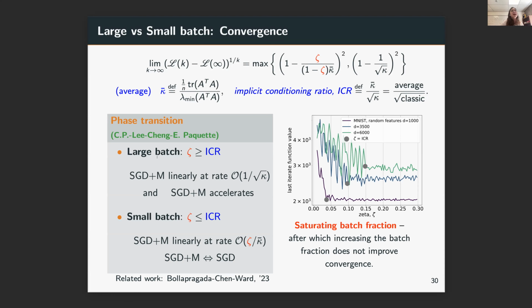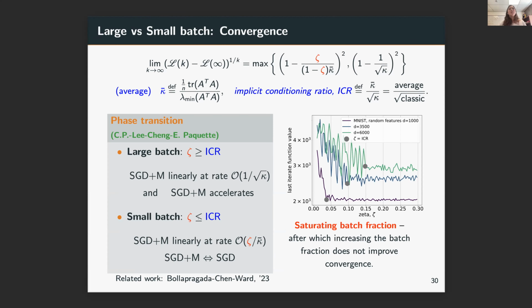What I mean by that is that when your large batch is bigger than this ICR ratio, it means that SGD plus momentum gives you an accelerated rate of 1 over square root of kappa. It gives you the classic full batch momentum rate.